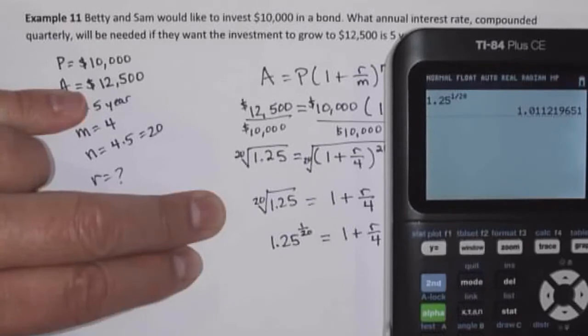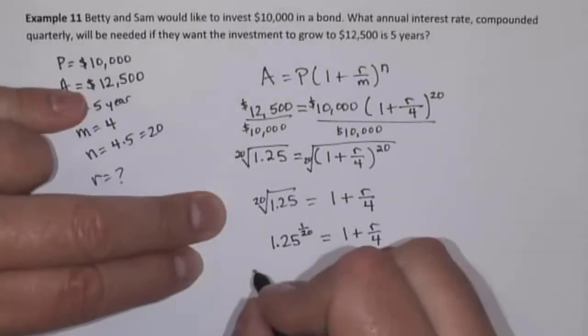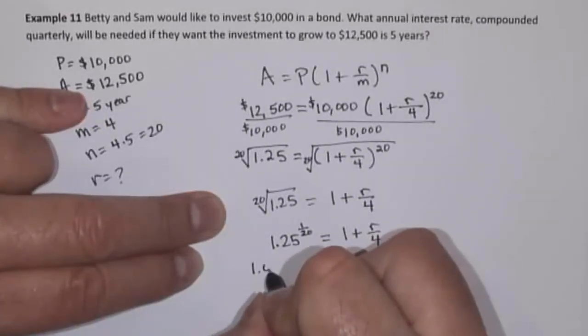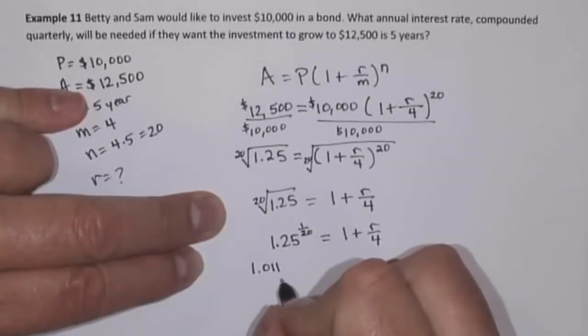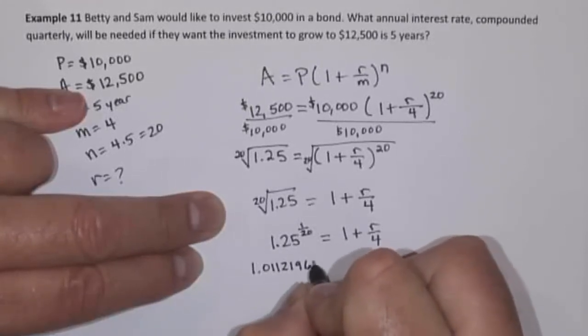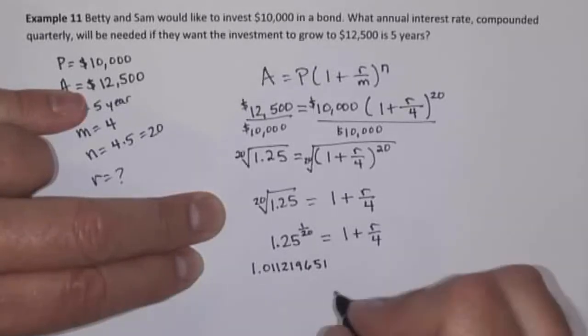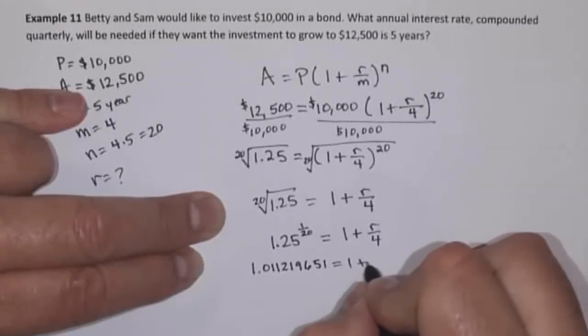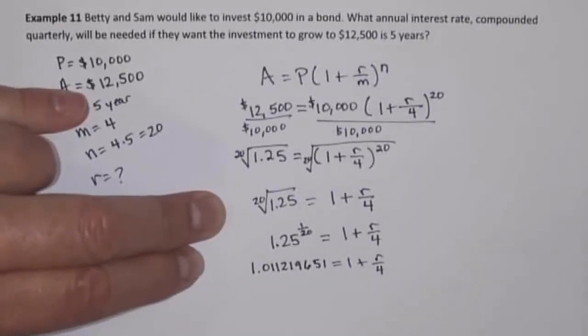And so that is 1.011219651. Again, I don't really want to round that because that would introduce rounding error. So 1.011219651. And that equals 1 plus R divided by 4.